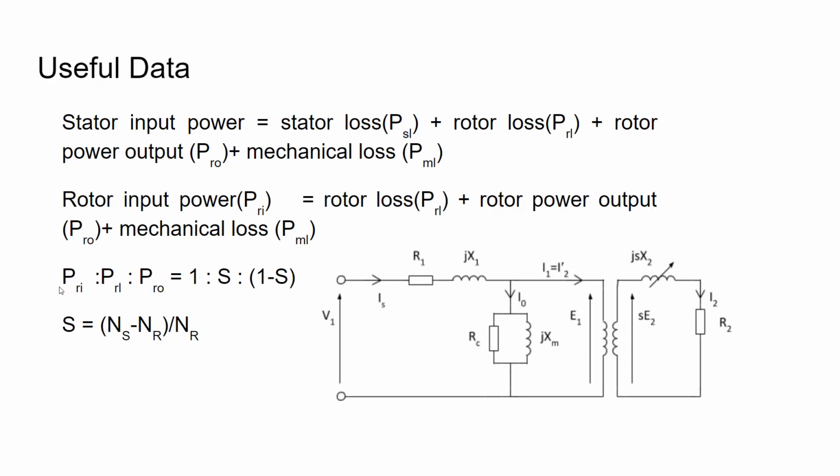Here the relation that describes the rotor input, rotor loss and the net mechanical power output of an induction motor is given by this expression, that is 1 : S : 1 minus S, where S is the slip of the induction motor and it is calculated as Ns minus Nr divided by Ns, where Ns is the synchronous speed of the induction motor, Nr is the rotor speed of the induction motor. Using this information, let us solve the problem.